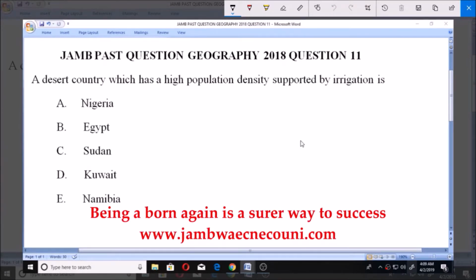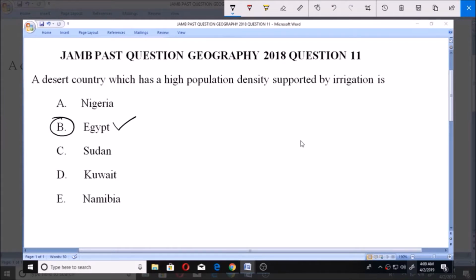Actually, Egypt is that desert country with high population density and is supported by irrigation.